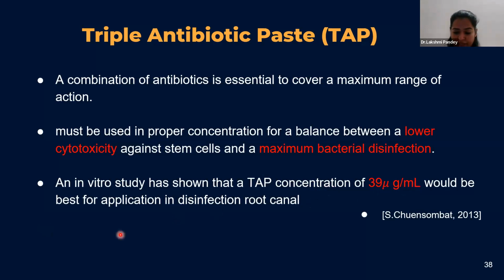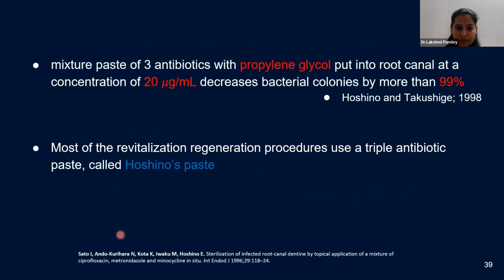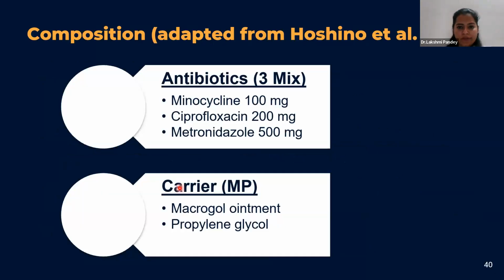Propylene glycol, as I have already mentioned, is used as a vehicle. Most revitalization and regeneration procedures use triple antibiotic paste, which is called Hoshino paste, as I explained here. Minocycline should be 100 grams.